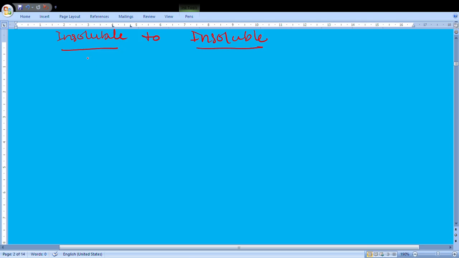So I'm telling you, starting from ZnO, insoluble, this is a metal oxide. CuO is insoluble. PbO is insoluble in water. FeO, insoluble in water. Another, ZnCO3, insoluble in water.